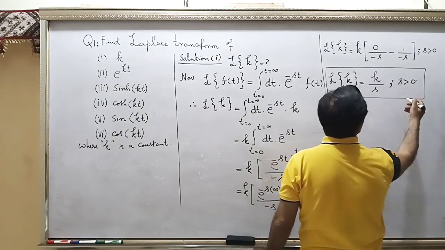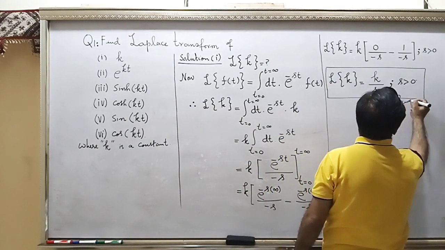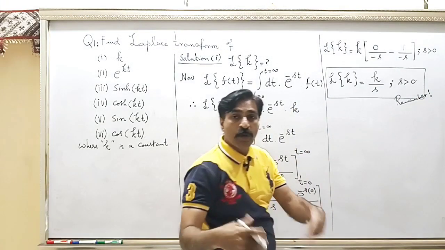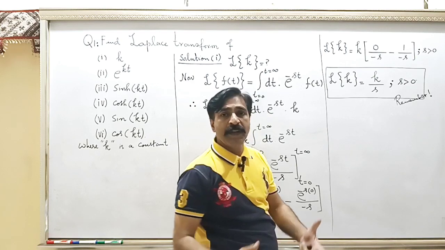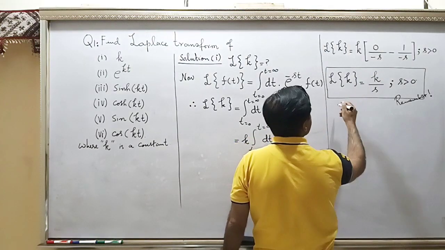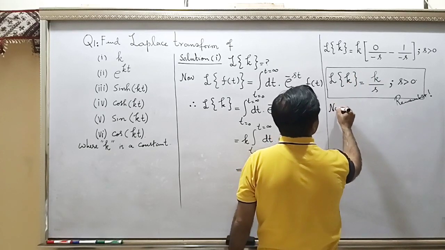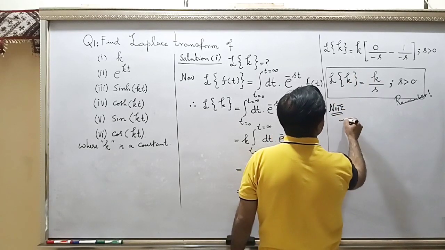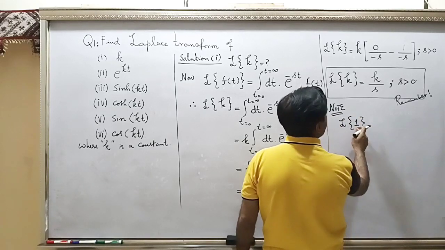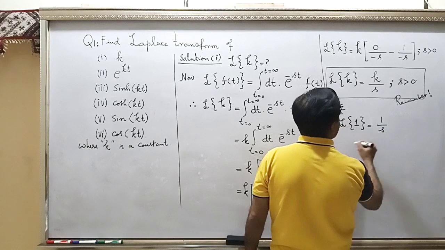You should remember it because it will accelerate your other problems which are of somewhat higher difficulty level, for example, where you need to use this formula. I write it in the form of a note. For example, if you are asked to find the Laplace transform of the constant 1, then it will be 1 over s.